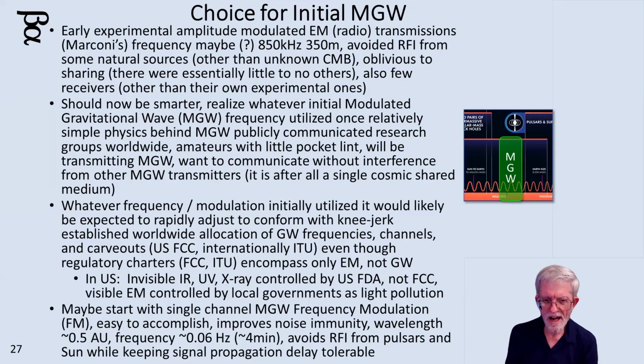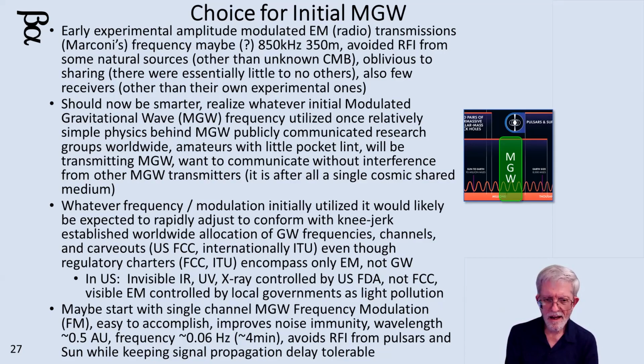But over time, 850 kilohertz turned out to be something that the FCC allocates for other purposes nowadays. So Marconi had to stop transmitting on that, had to give it up. Well, obviously he gave it up when he found he could do better by using higher frequencies, shorter wavelengths, more energy transfer. But we'd have to do the same thing with gravity waves.